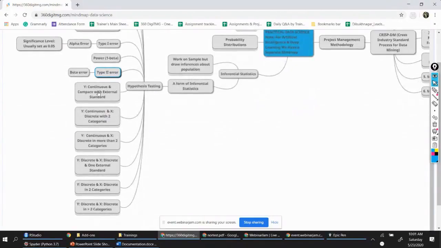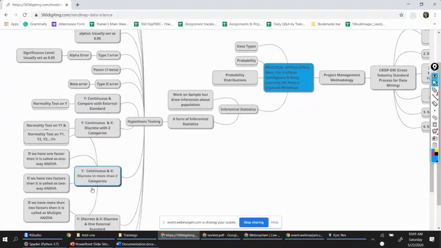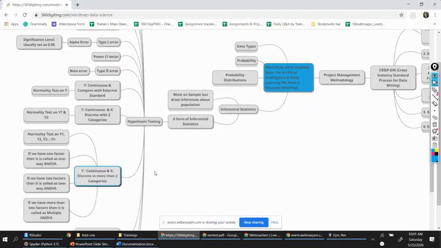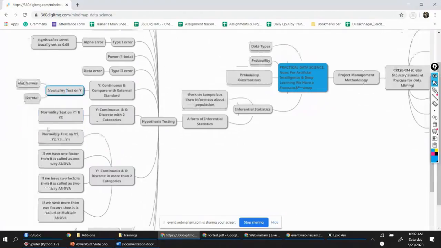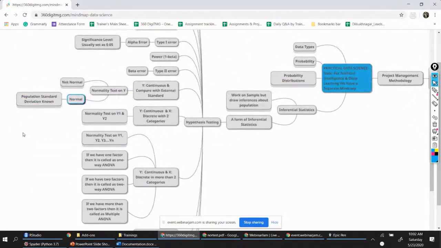In hypothesis testing, you have multiple scenarios, broadly classified first by whether the value that you are estimating is continuous or discrete. If it is continuous, then we always check whether the data is normally distributed or not. If it is normal, we go with normal test cases.